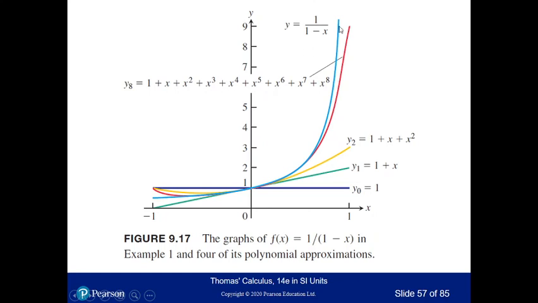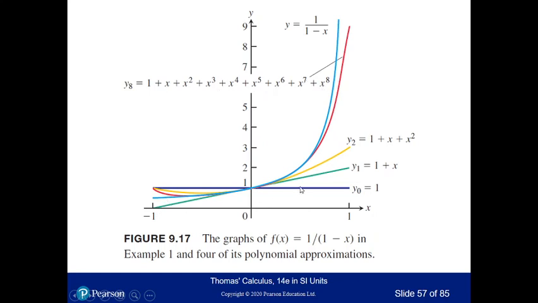So we have this function y equals 1 over x here, okay? Actually, this function looks like this, we know. But we can approximate this function by using polynomials, and that's going to give us a power series. We can take y0 as 1, y1 as 1 plus x, y2 as 1 plus x plus x squared, and then y8 as 1 plus x plus x squared plus x cubed, and so on up to x to the 8.